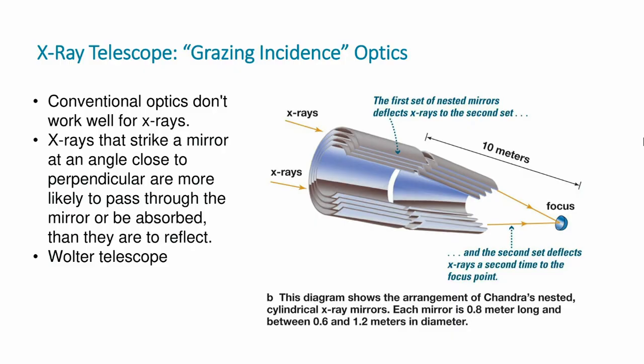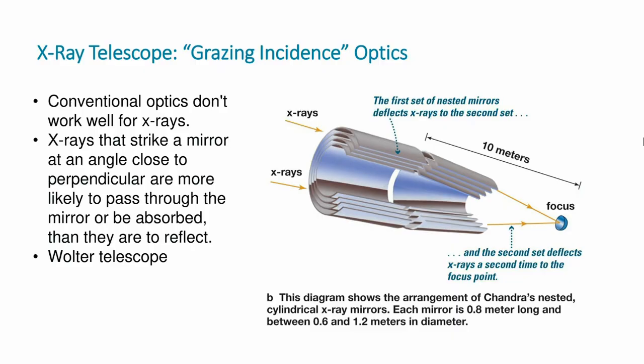But that makes it hard to design a telescope, so instead of having the X-ray hit at a 90-degree angle, we have these grazing incidence optics. Instead of using a perpendicular mirror to direct the X-rays, we have a series of grazing optics.